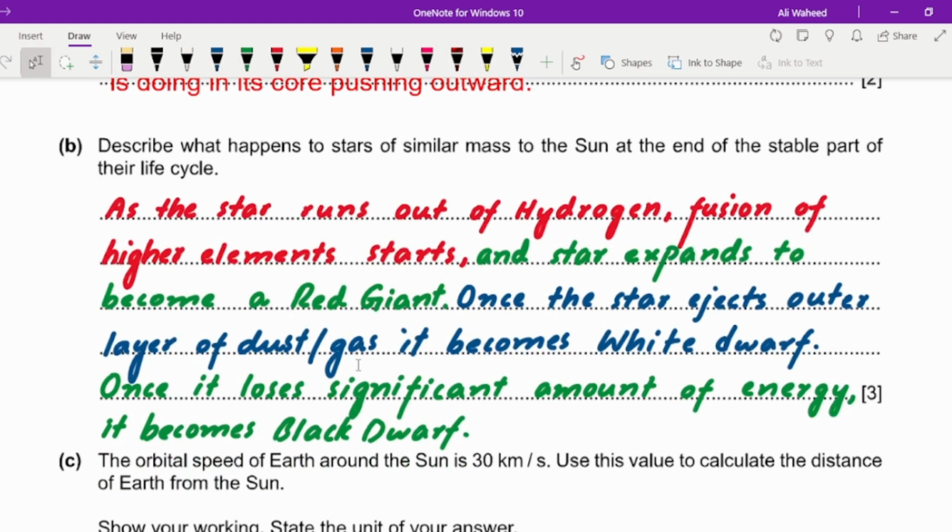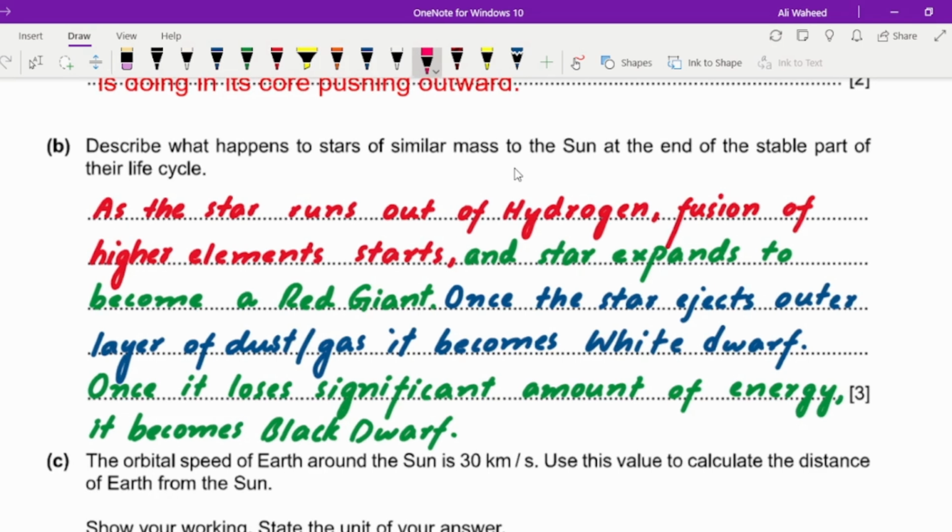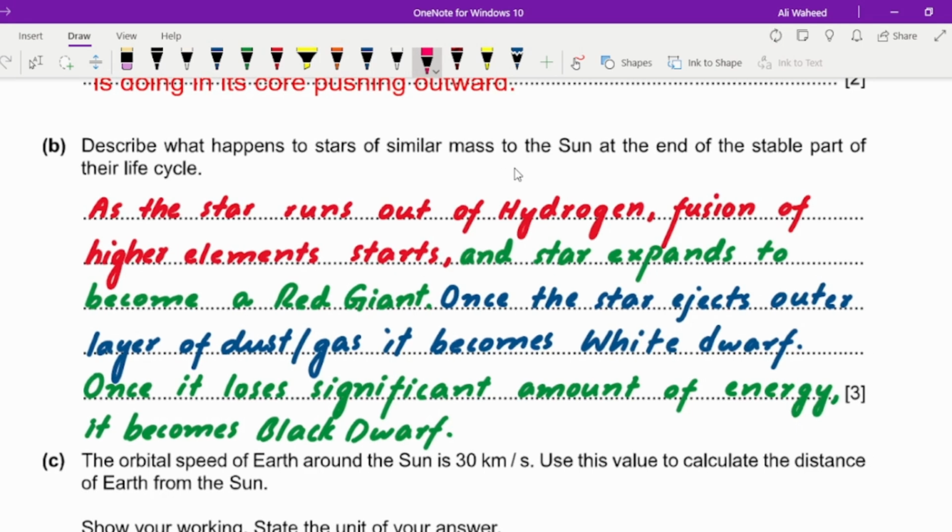Then we have the next one. Describe what happens to a star of similar mass to the sun at the end of the stable part of its life cycle. The stable part was the main sequence star. After the main sequence, the sun or any other star would start running out of hydrogen, and they start undergoing fusion using higher elements on the periodic table up till iron.